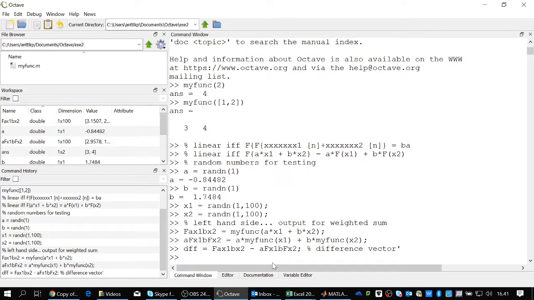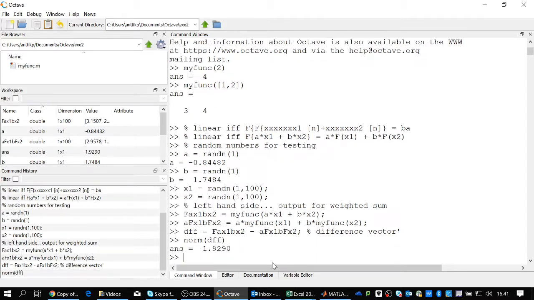And this actually must be 0, meaning the norm of it is 0. We test if this is 0 or not. It's not even close to 0, which means that this system is not linear. When you add just a constant number to your input, it's not linear anymore.